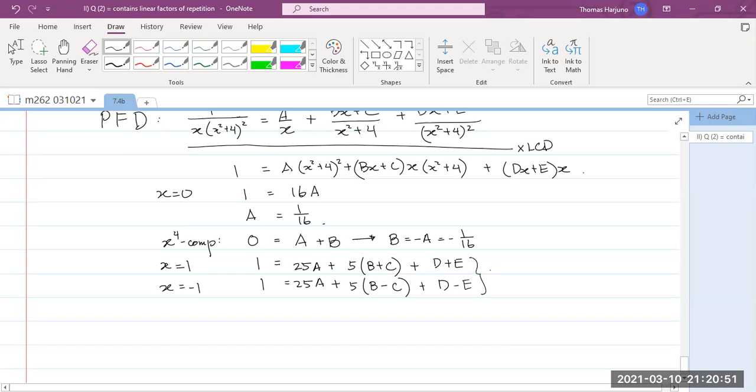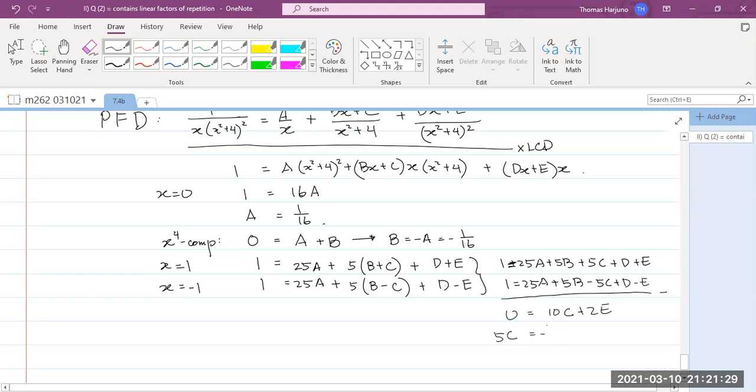So it seems like we can do something here. 1 equals 25a plus 5b plus 5c plus d plus e. 1 equals 25a plus 5b minus 5c plus d minus e, such that when I subtract, I get 0 equals 10c plus 2e. I wonder if it helps. So 5c equals -e. Not that much help.